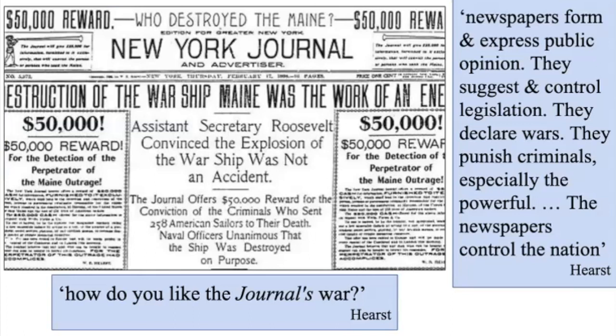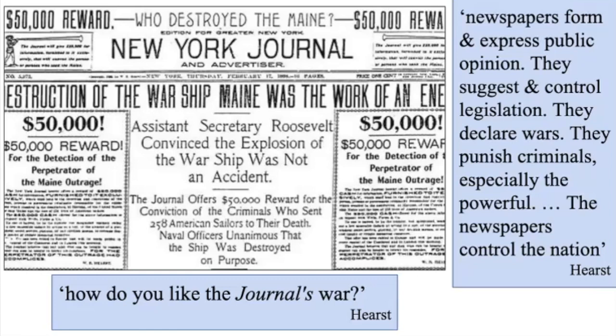But you can see the screaming headline there, "Destruction of the warship Maine was the work of an enemy." Well, what enemies was the U.S. facing there? And then it says, "Assistant Secretary Roosevelt convinced the explosion of the warship was not an accident," despite the fact that it was.